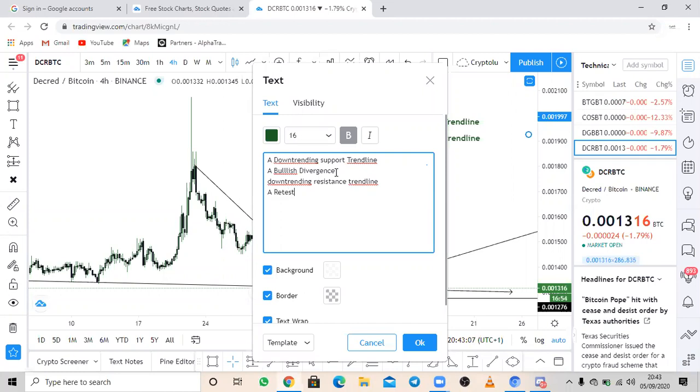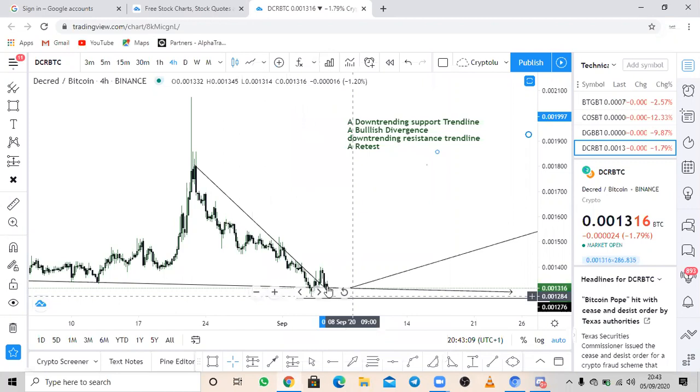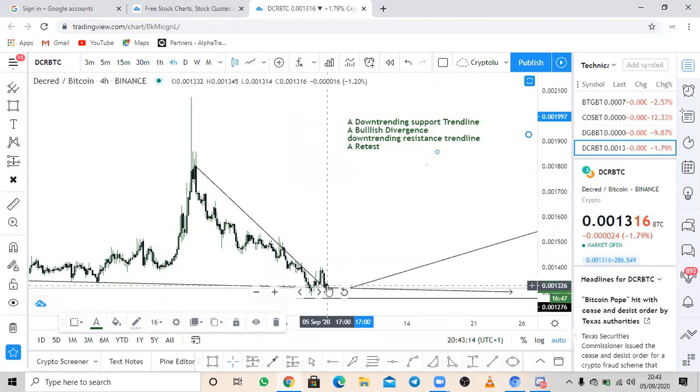Okay, so we have a retest, which is this current one here. We have a downtrending resistance trend line here. On the higher time frames, on the daily chart, we have the bullish divergence and a downtrending support trend line.